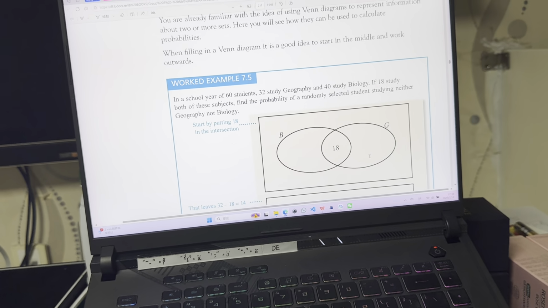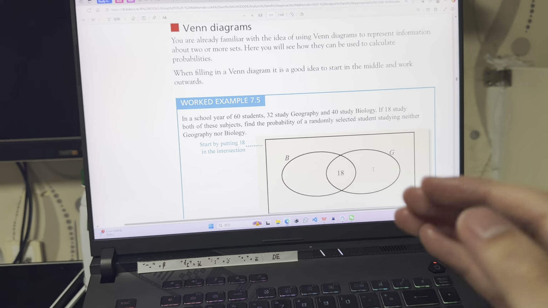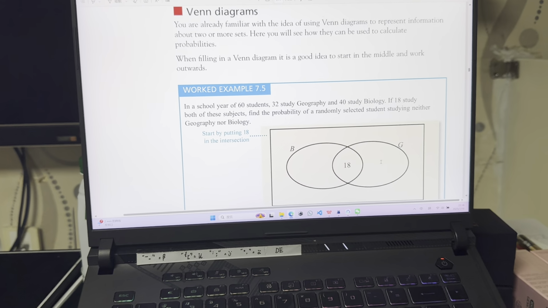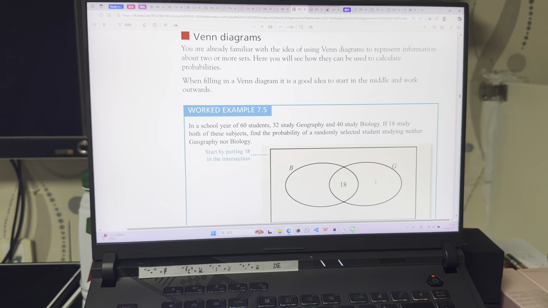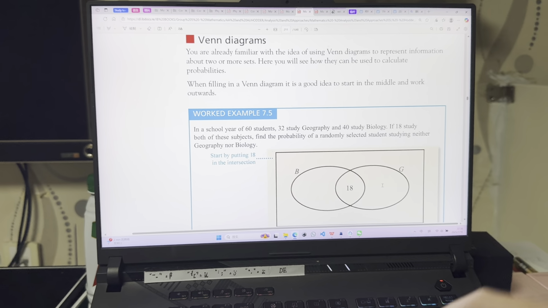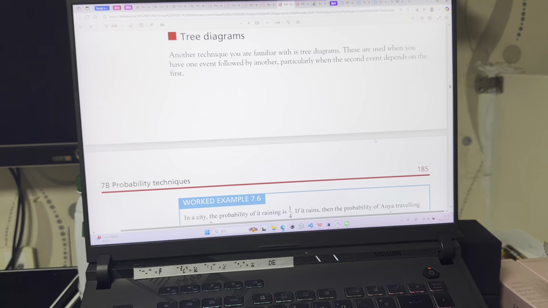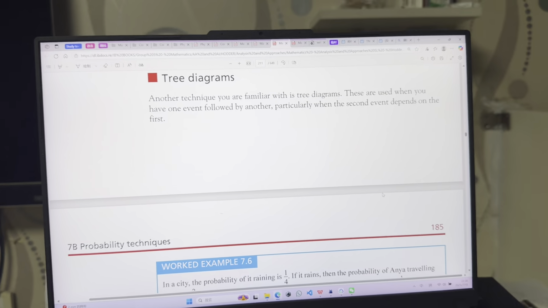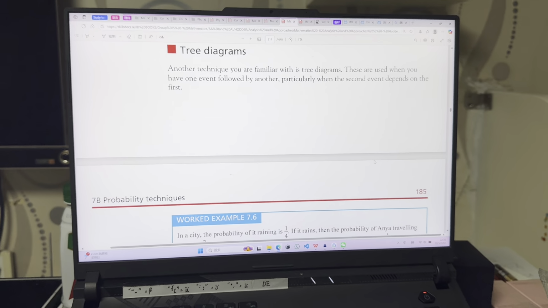A Venn diagram helps you summarize and make the data clear, and here's another diagram that can help you calculate probability.